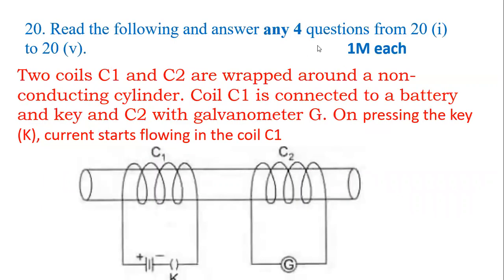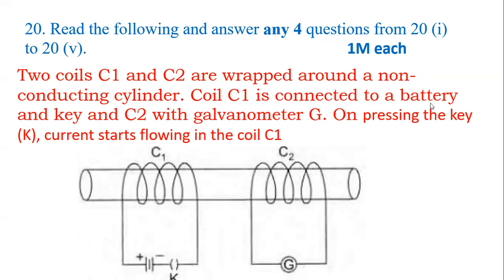Go to the next, the 20th question, which is the last question under case study based questions. Read the following, answer any 4 options, the same way we have done before. Two coils C1 and C2 are wrapped around a non-conducting cylinder.